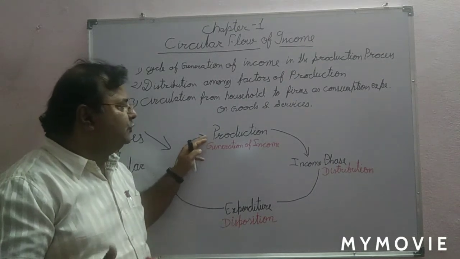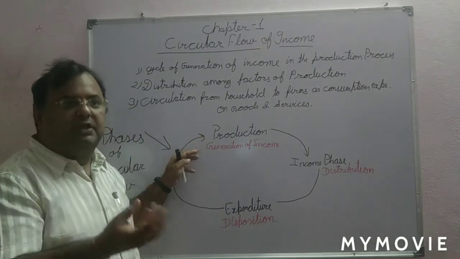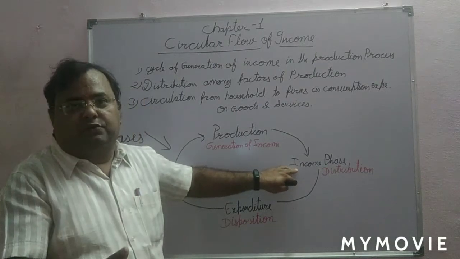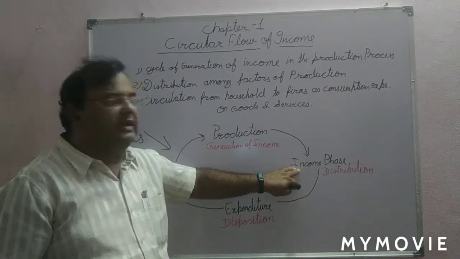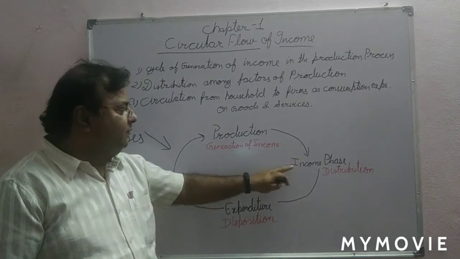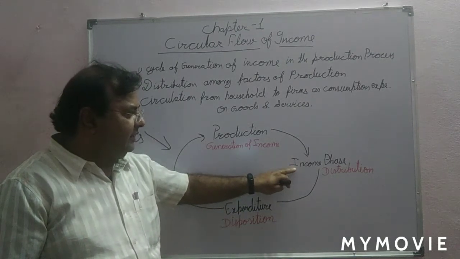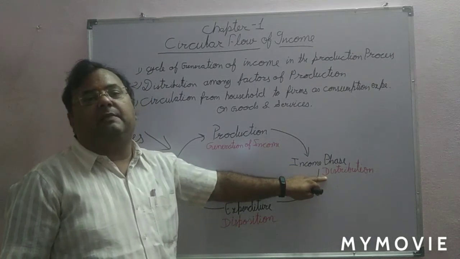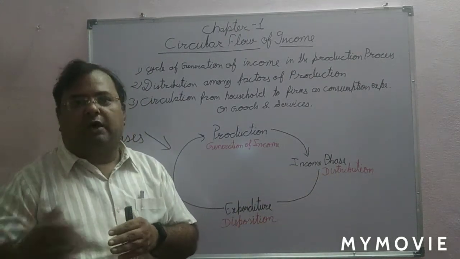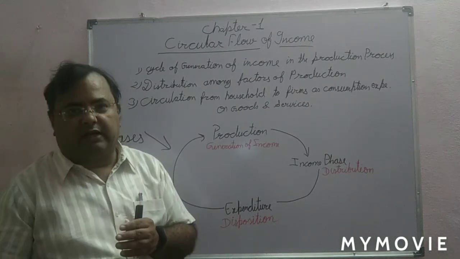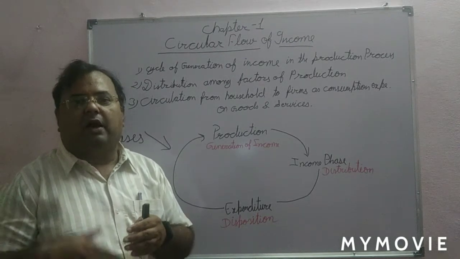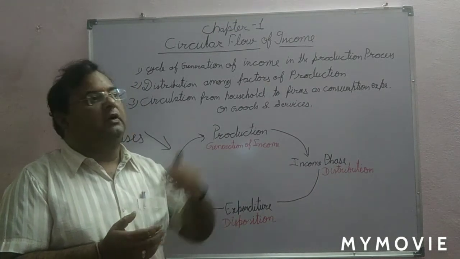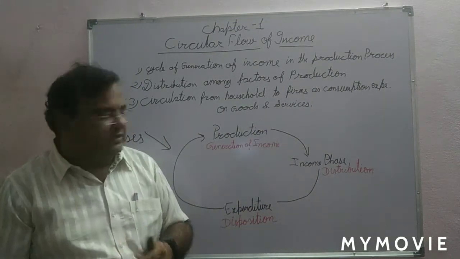When we produce something, say goods, say services, various items, we sell those goods and services, and that gives us income. When we get income from them, we distribute that income among factory owners, C&F agents, retailers, wholesalers, shopkeepers, and if we talk about services, from management to employees, right?